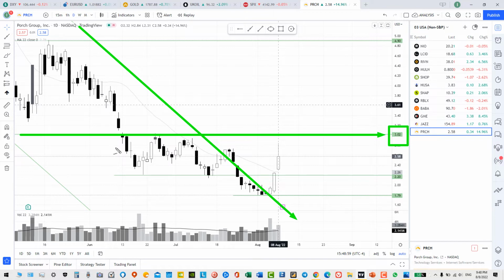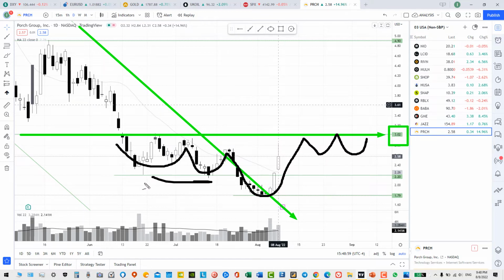The stock may form a reversal head and shoulders, something like this. Here's a shoulder, here is a shoulder, and here is the head, and boom, against the $3 resistance, and that's a reversal.